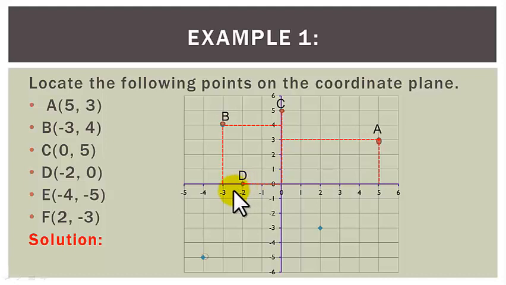The point E is here. The x-coordinate of the point E is -4, while the y-coordinate is -5. Finally, the point F is here. At this point F, the x-coordinate is 2, while the y-coordinate is -3.